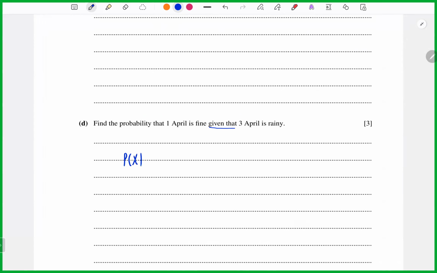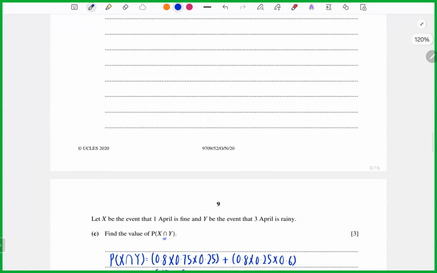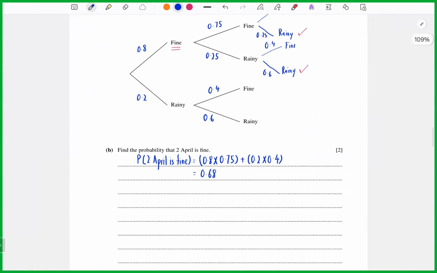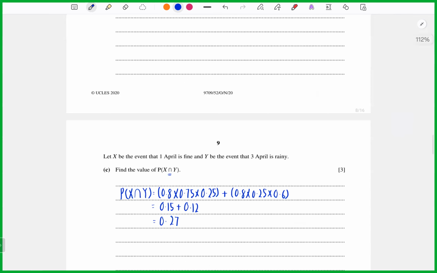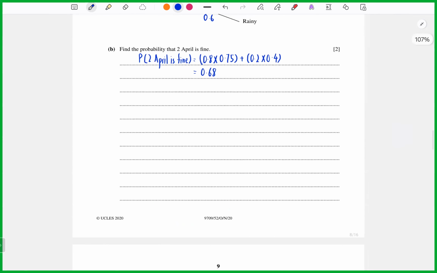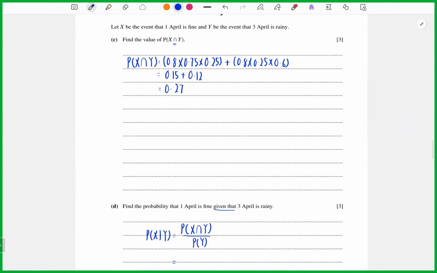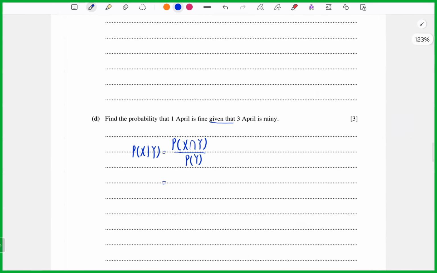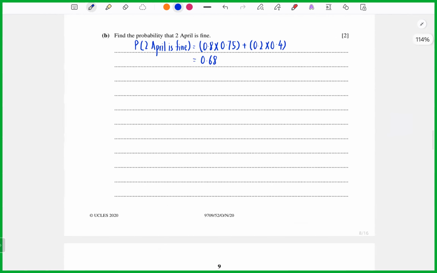P(X given Y) equals P(X and Y) over the probability for Y. For now, we don't have the probability for P(Y), right? It means the rainy days.